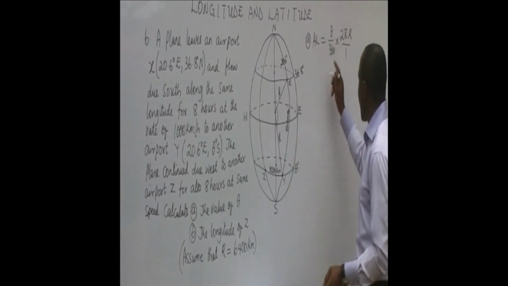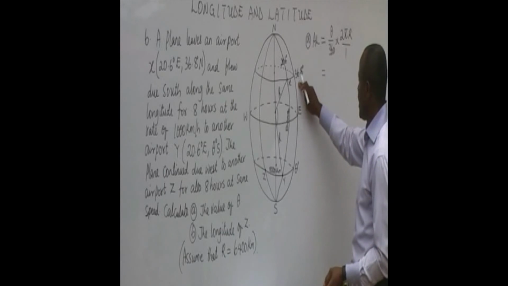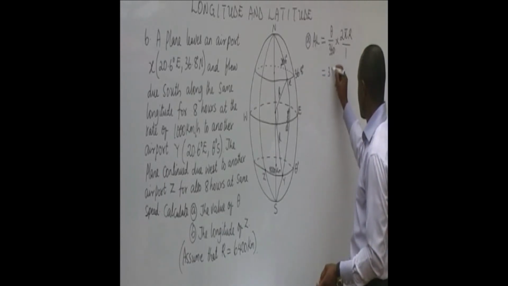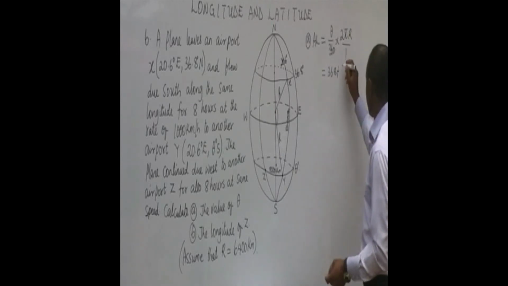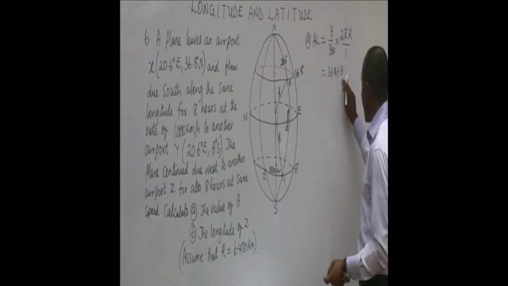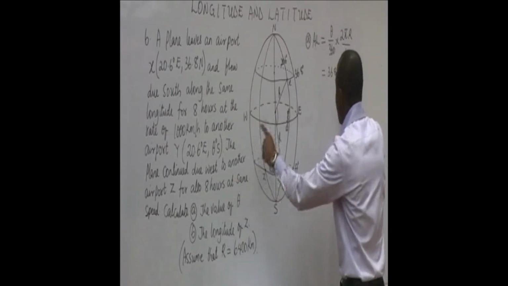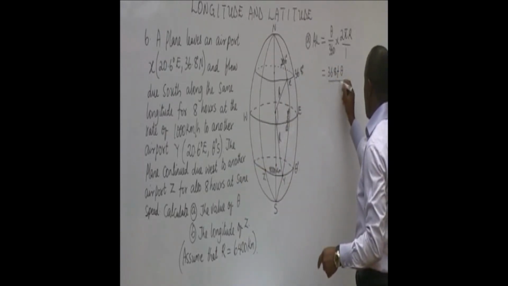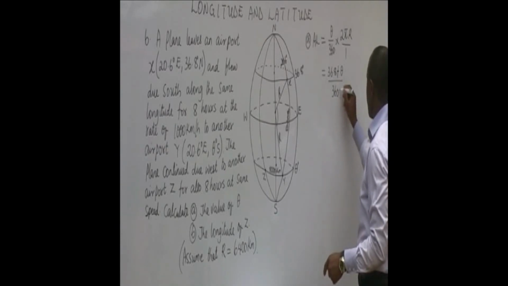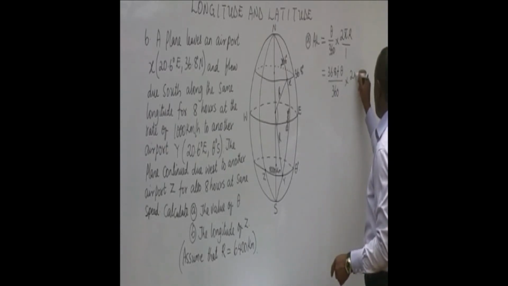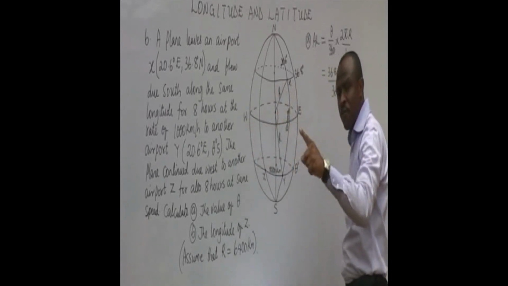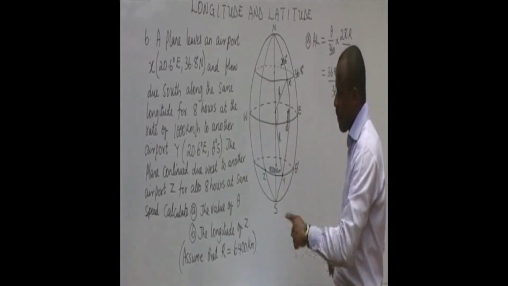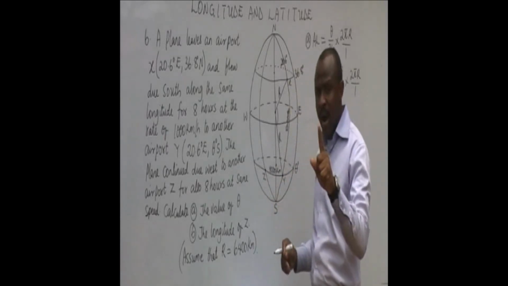So our theta here now is going to be 36.8 plus theta, and this theta is what question number A is asking for. So all over 360 times 2 pi R all over 1. Remember the arc length. They say that the plane moves for 8 hours at the rate of 1000 kilometers per hour.